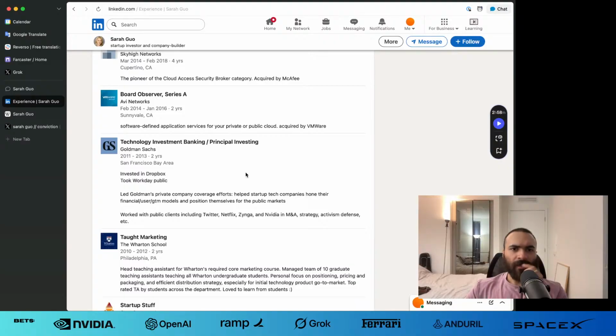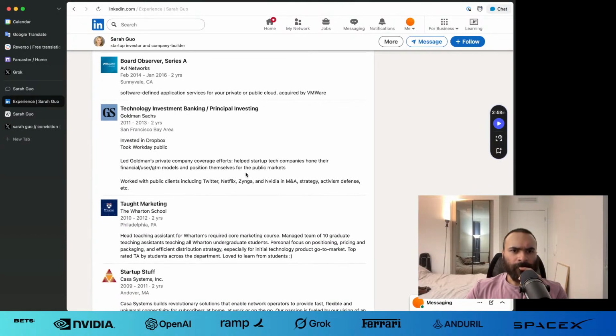Goldman Sachs: technology investment banking, principal investing. Invested in Dropbox today. Took Workday public. Wow. Then Goldman's private company coverage efforts help startup tech companies hone their financial and go-to-market models and position themselves for the public markets. Work with public clients including Twitter, Netflix, Zynga, Intermedia, and M&A, strategy and activism defense.